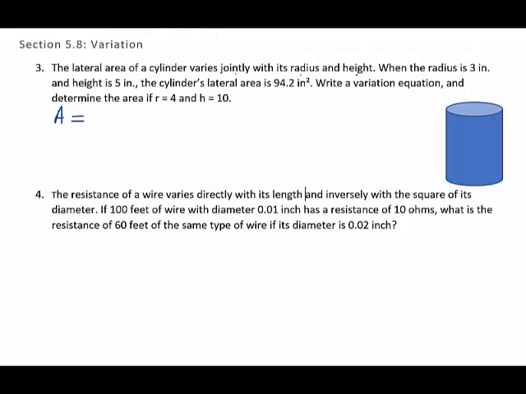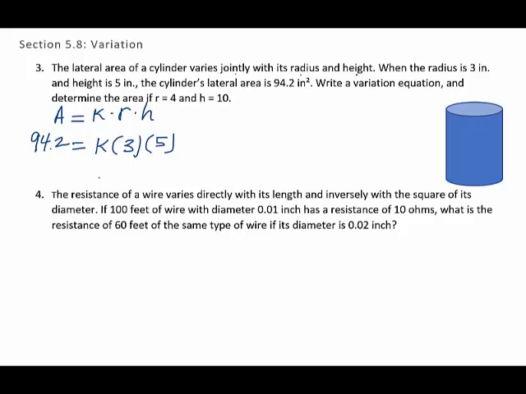So we'll start with the lateral area varying jointly, so A equals K times the radius and height, so K times R times H. When the radius is 3 and height is 5, let's substitute those values in. K times 3 times 5 is equal to the area, which is 94.2.